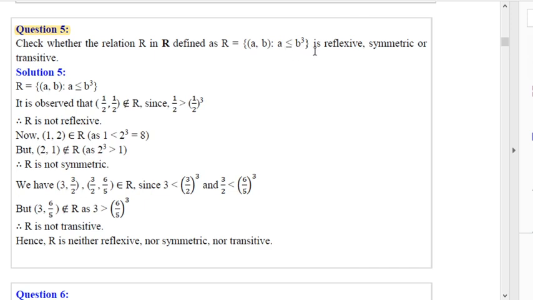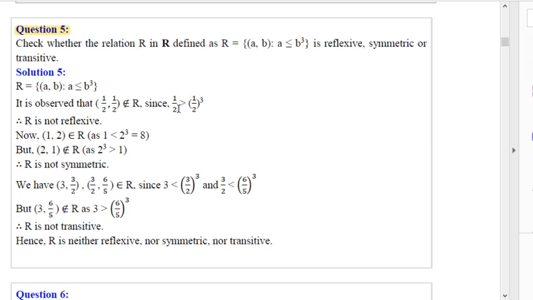It means this is not reflexive. See, choose here the element 1 by 2, 1 by 2. So when you do its cube, what will you get? 1 by 8. 1 by 2 is not less than 1 by 8.